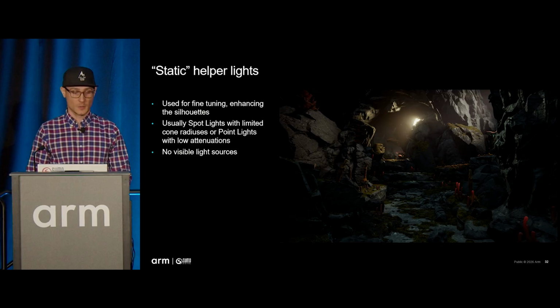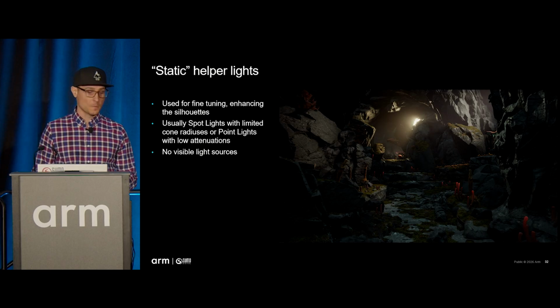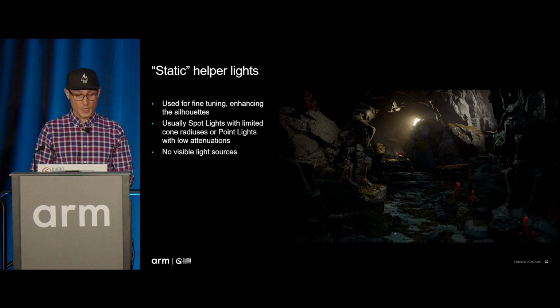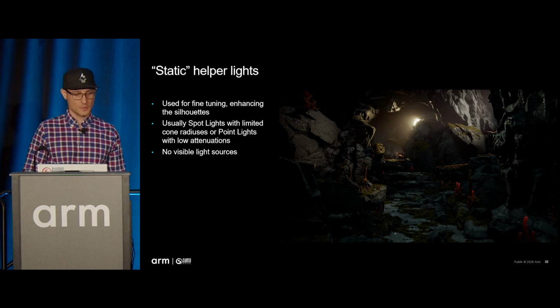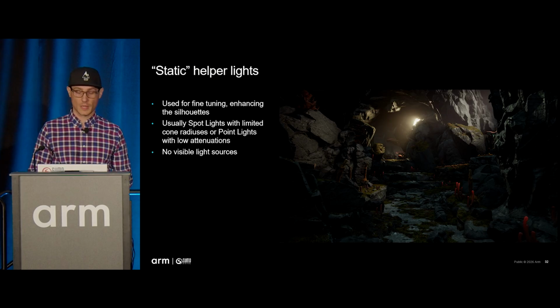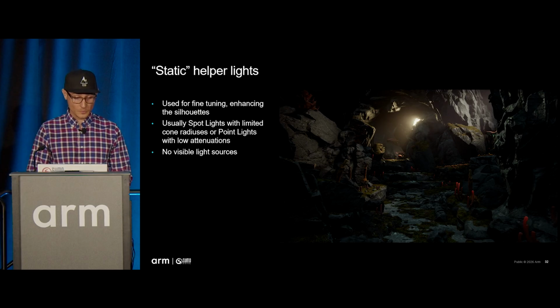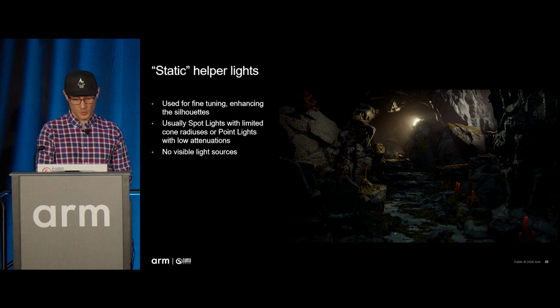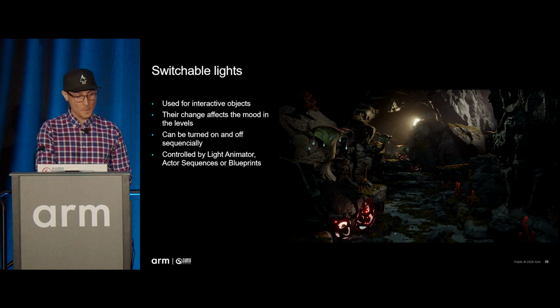Then we add static helper lights, which are used for fine-tuning, enhancing the silhouettes, or highlighting various objects. Those are usually spotlights with limited cone radiuses or point lights with very low attenuations. The common perk of this category is that there are no visible light sources, so those lights help the key lights to set up the mood.